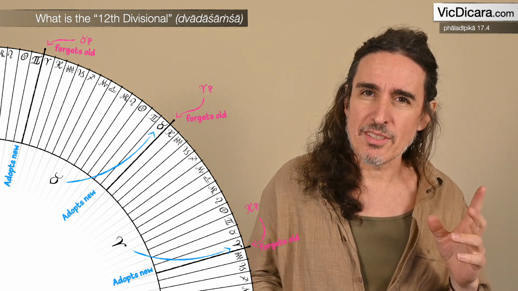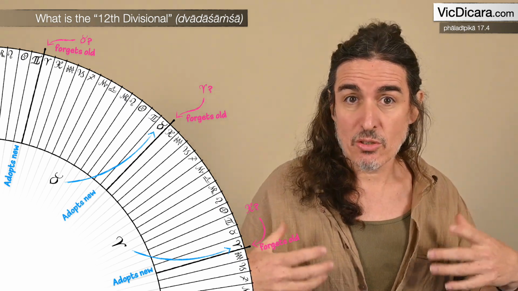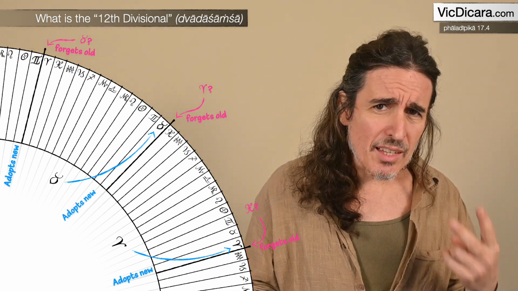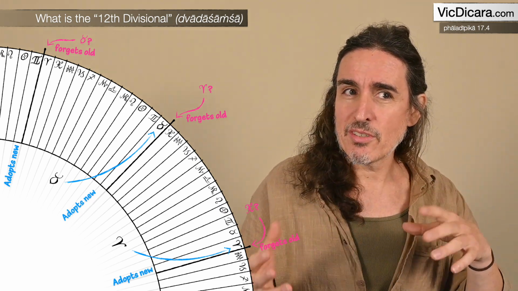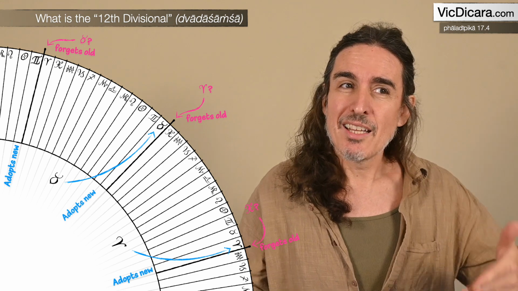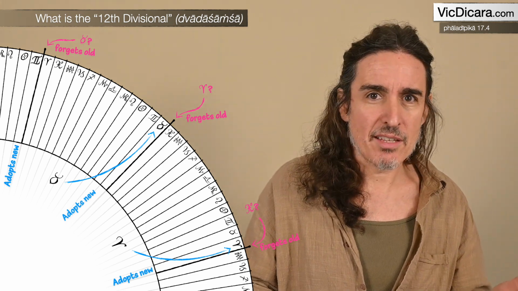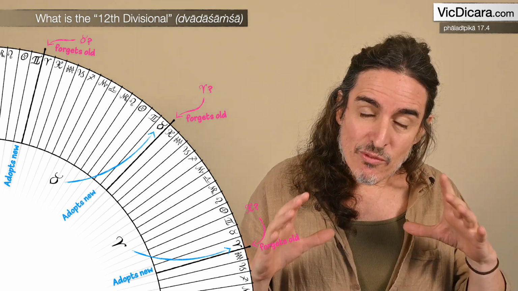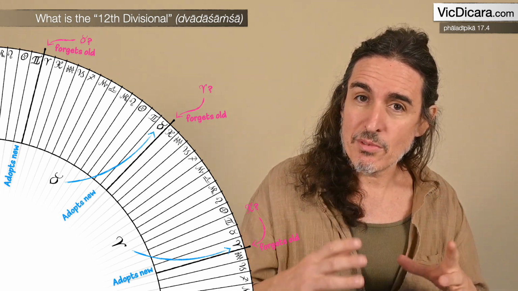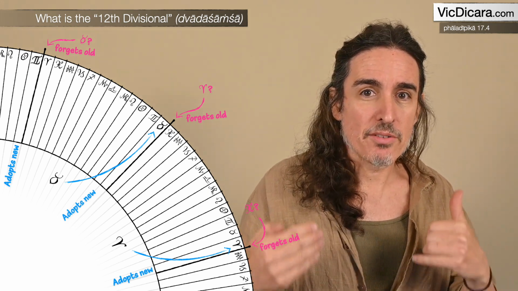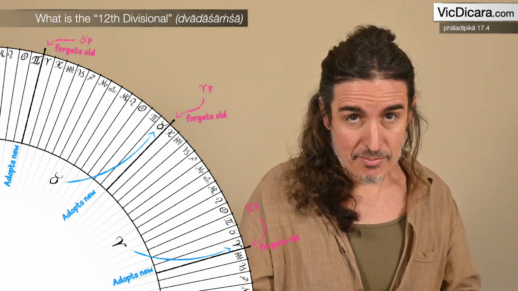So for those two reasons, number one, the fact that it's just the 12th subdivision, and number two, the way that the sequence of the subdivisions exactly mirrors the experience of life and death and rebirth, the classical astrologers use this subdivision to learn about the native's death, etc.